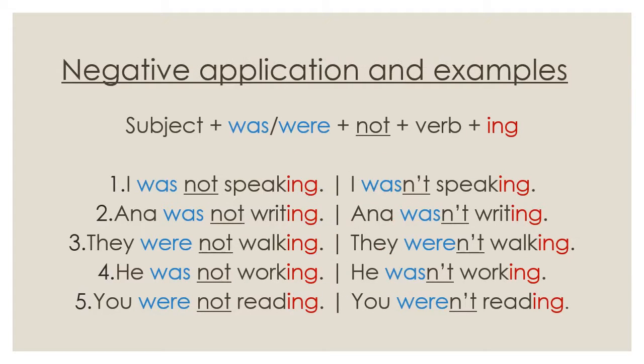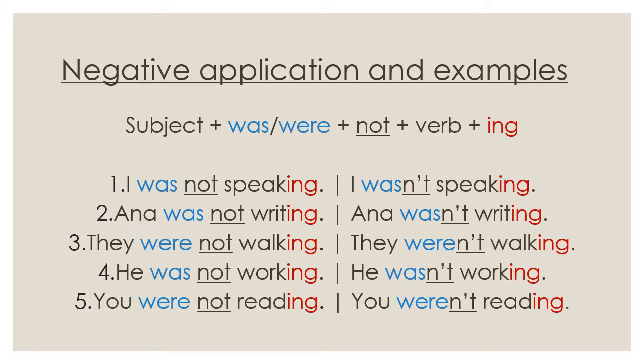Next, we have negative sentences, which are made by adding the word not after the past tense of the verb to be, or a contraction of the word not and the verb to be. And we can see that in the following examples. Number 1. I was not speaking, or I wasn't speaking.